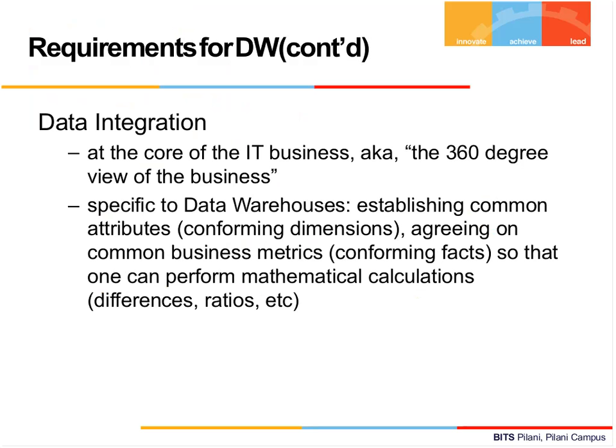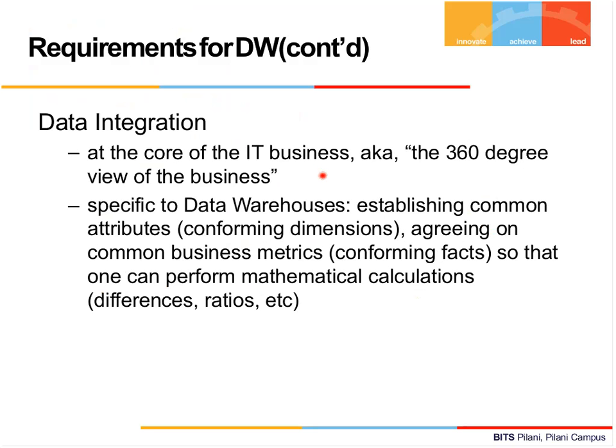Data integration: my point of view here is about specific data warehouses. We would like to have a 360 degree view of the business, because we would like to complete the picture of the business unit and put it in the data warehouse, so that all the information related to that business unit is there and they can do any kind of analysis.